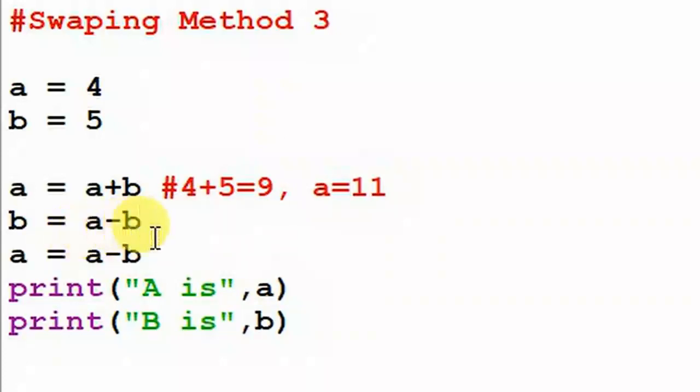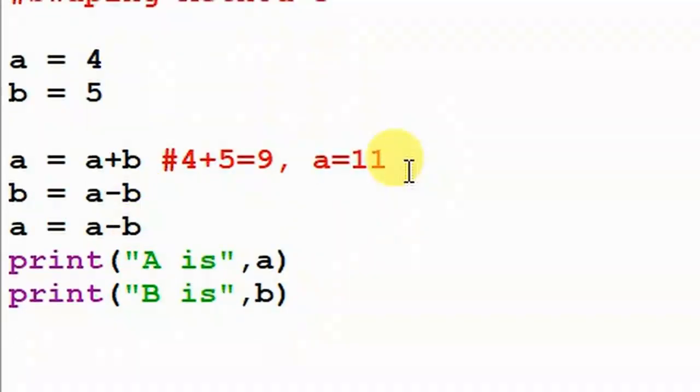Next, in this place, a minus b. So finally this a value is stored as 11, 11 minus 5. Now this is the final value; b is equal to, in this place, finally this a value is 9.